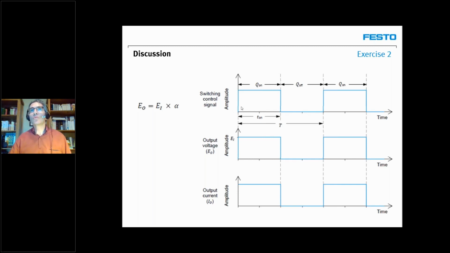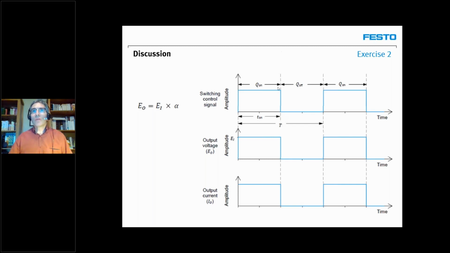This relation between the time the transistor is on and the time the whole cycle lasts is what is called the duty cycle. The duty cycle of our application will make the ratio between the two here. So right now, if I am at half of the time on, half of the time off, we say that we have a duty cycle of 50% or 0.5, depending on how we decide to note it.